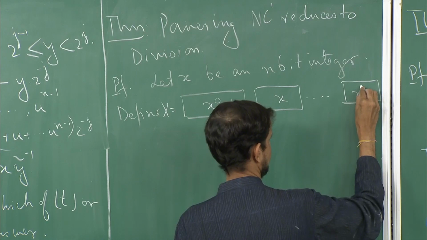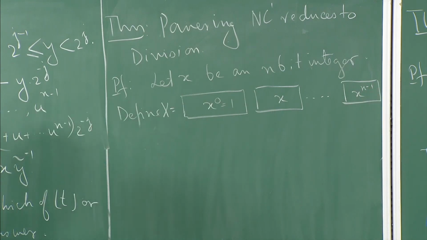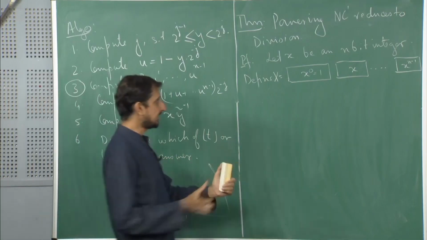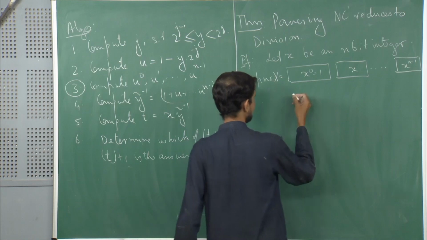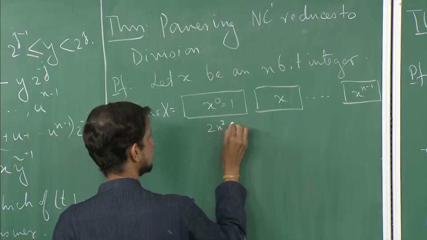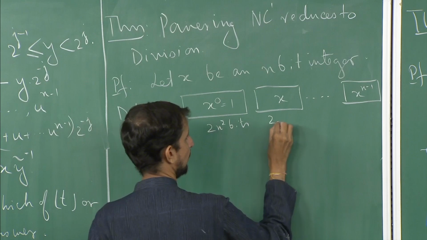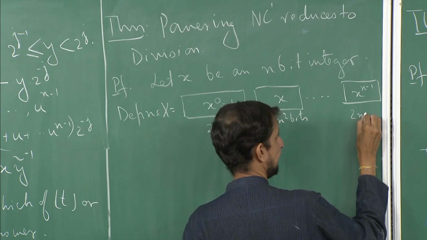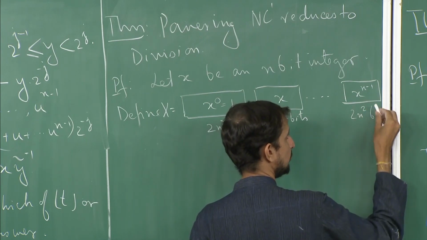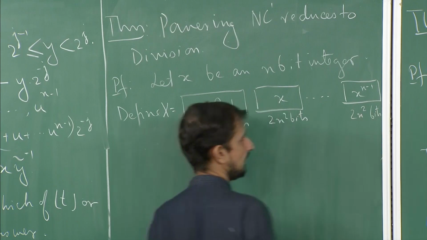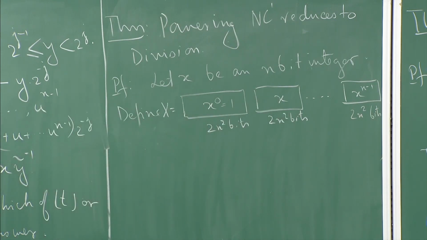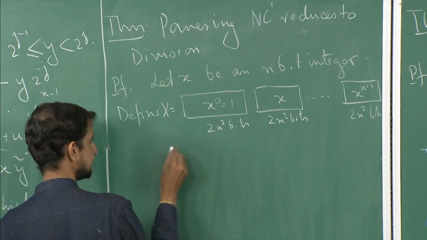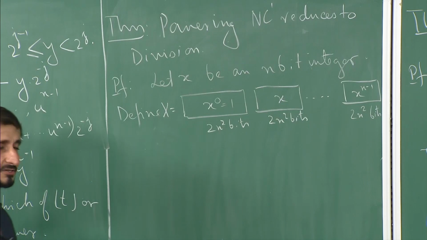Finally, I have x to the power n minus 1. Think of a large bit string which has all these powers of x, separated, and we will assume that each of them is 2n square bits long. I said at the beginning that any power of x up to x to the power n is at most n square bits, but I will add some extra zeros. So basically capital X is this string, which is the concatenation of all these strings.